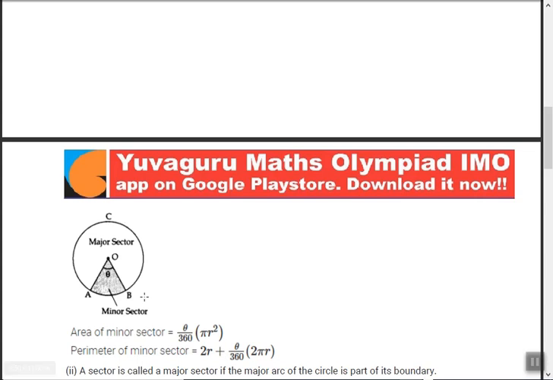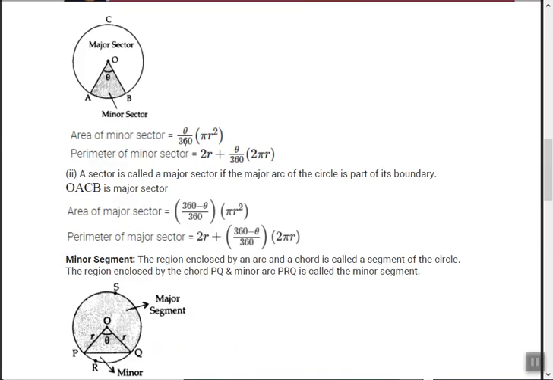So that is the perimeter of the minor sector. Perimeter means the total length outside. Now similarly for the major sector, instead of theta we take 360 minus theta upon 360 into pi r square, and the perimeter of the major sector is 2r plus 360 minus theta upon 360 into 2 pi r, right? Same as above, just change the angle.